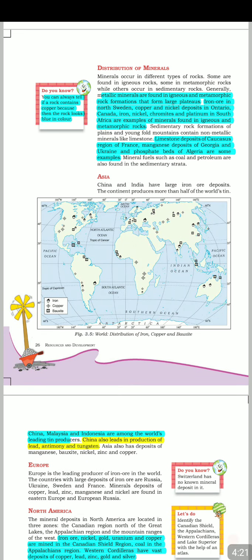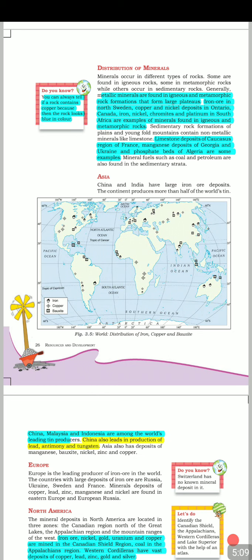Next, we move to the distribution of minerals. This is really very interesting to see that regions which have igneous or metamorphic plateaus, large plateaus of igneous and metamorphic rocks, usually contain metallic minerals, and sedimentary and young fold mountains have deposits of non-metallic minerals, like sedimentary basins such as the KG Basin.